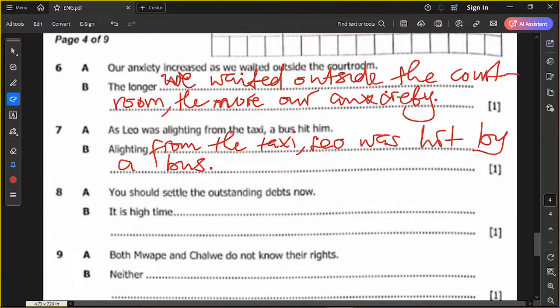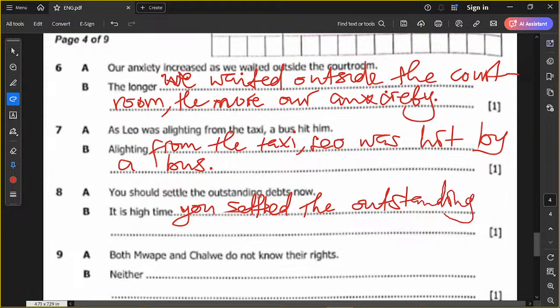Question 8. You should settle the outstanding debts now. Okay, it is high time you settled the outstanding debts.